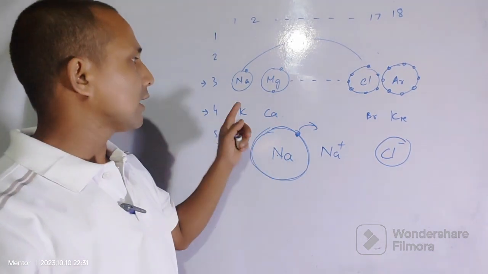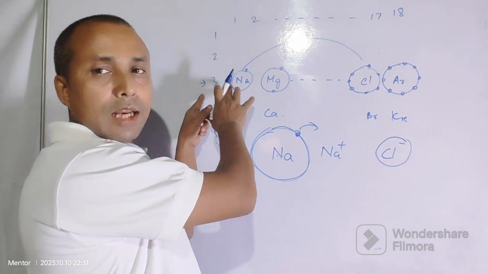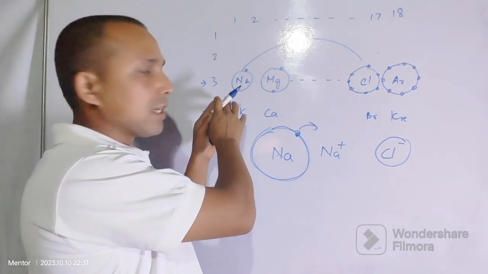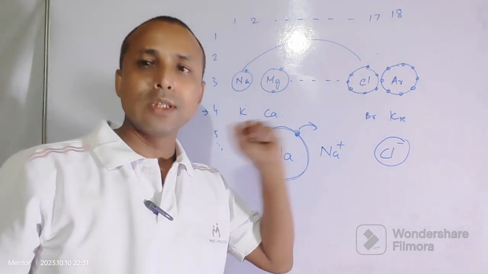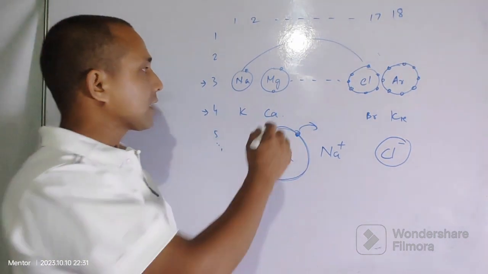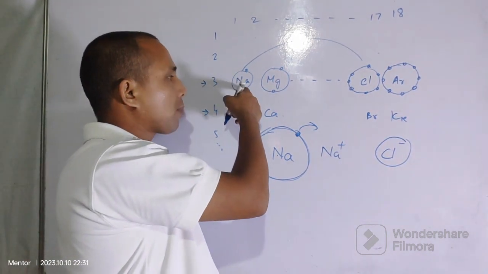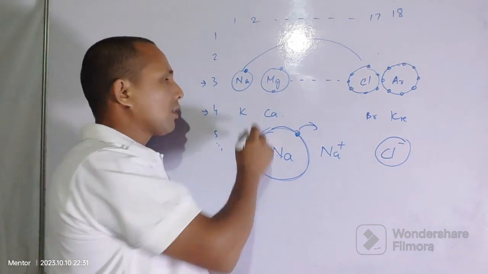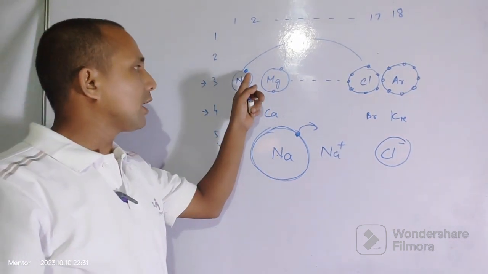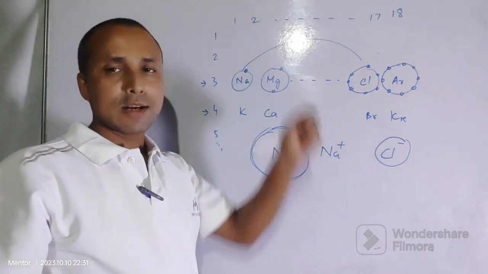That means we can say that for elements in the same period, from left to right, atomic size will always reduce. But at the same time, metallic property slowly decreases, because sodium has only 1 electron in its outermost shell, so easily it can leave the electron.